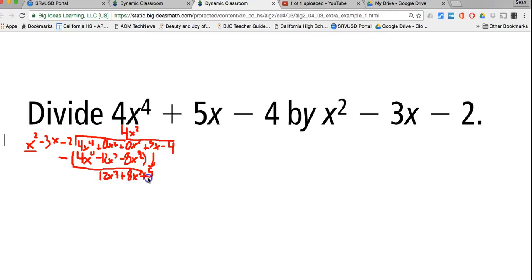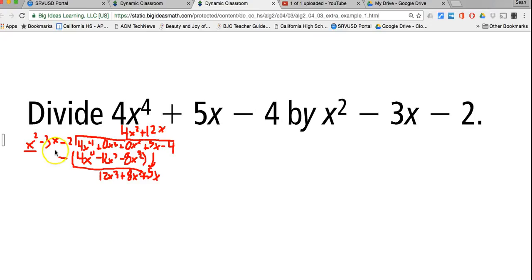Now, we need to remember, what do we multiply x squared by to get 12x to the third power? That is going to be plus 12x, the next term in our quotient.